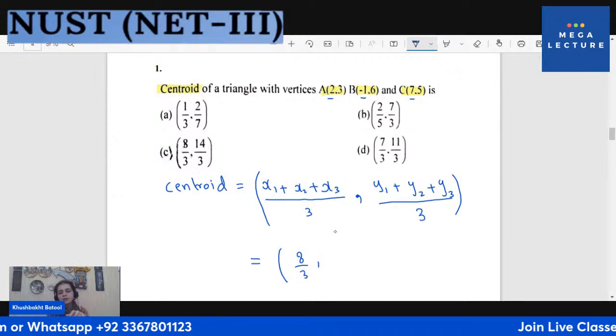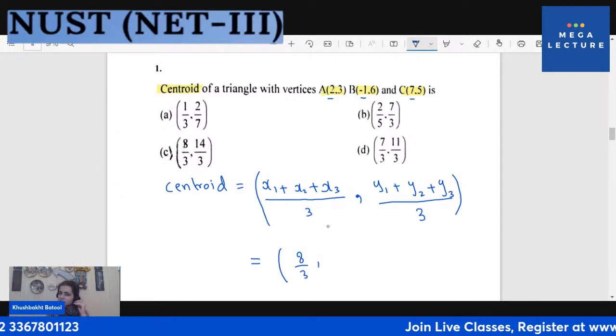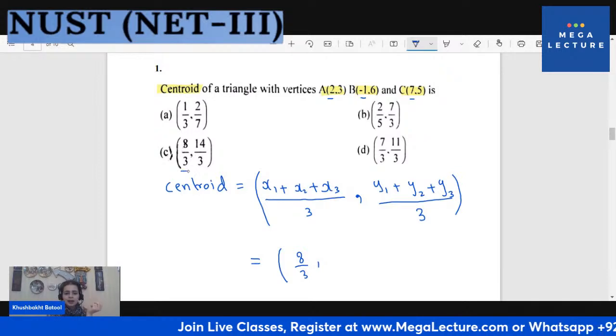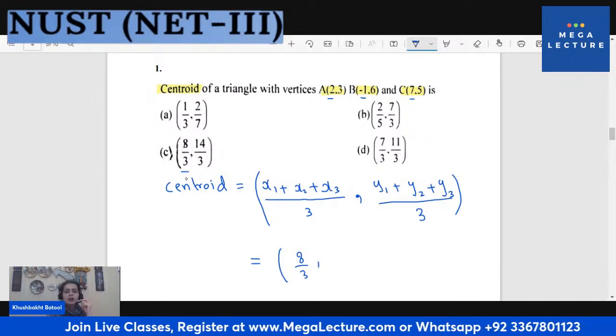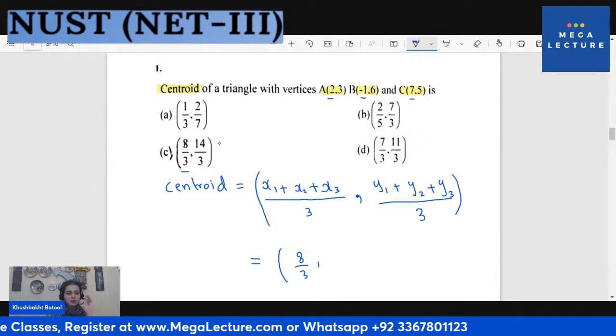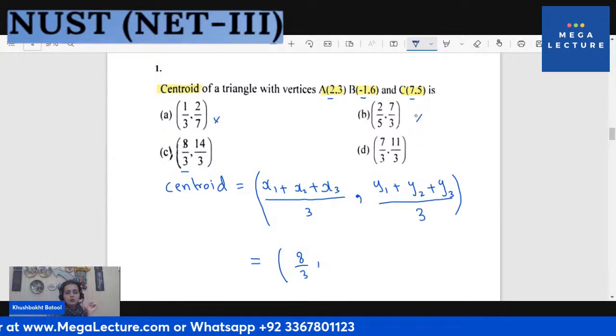Now I can clearly see that the x coordinate of the centroid would be 8 by 3, and the only option that has the x coordinate as 8 by 3 is C. So the answer is clear. It would be C. I can cross out all the other options.